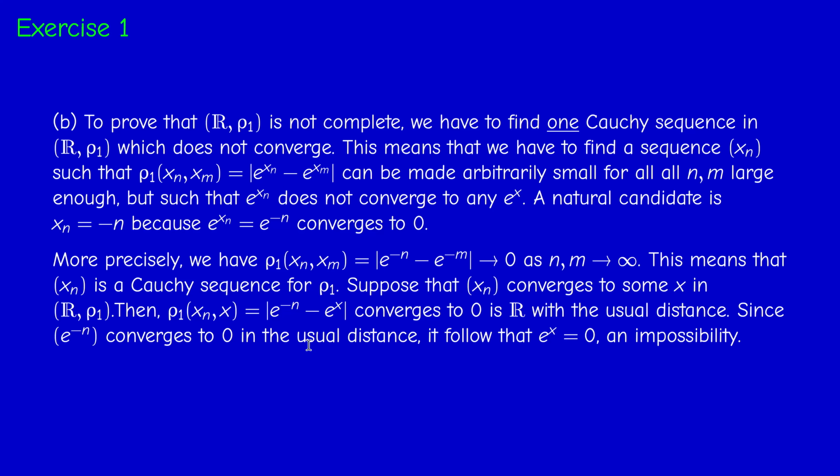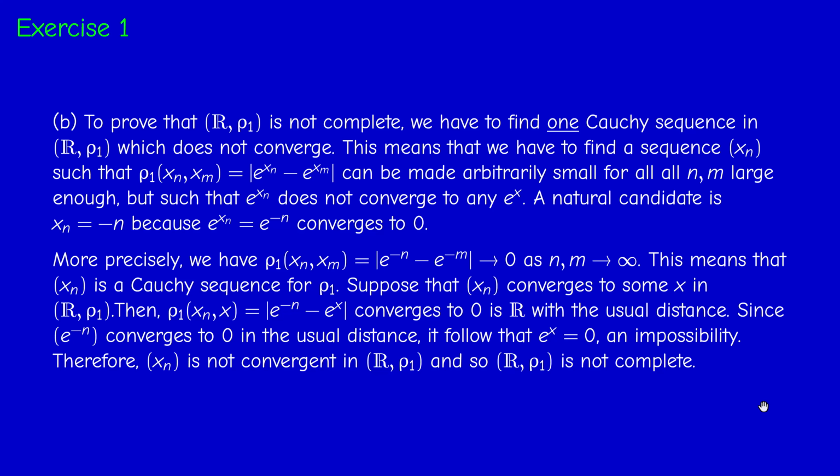So therefore, e^{minus n} converges to e^x, but e^{minus n} converges to 0. Therefore, by uniqueness of limits, we must have e^x equals 0, and this is impossible. So this means that x_n is not convergent in (R, rho 1). And therefore, (R, rho 1) is not complete. So this concludes exercise 1.